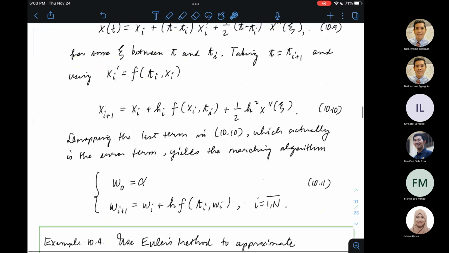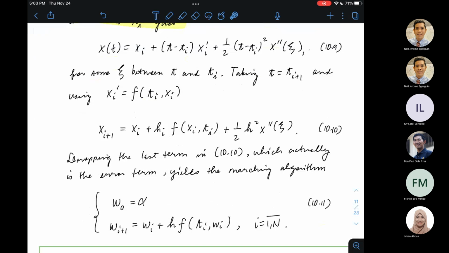Okay? So ano nga bang ginawa ko rito? I plug in t equals t sub i. So kaya ito ay naging x of t sub i. So by our shorthand notation, that's x sub i plus 1.